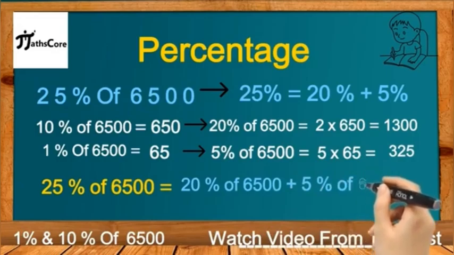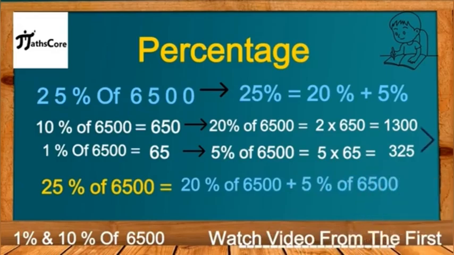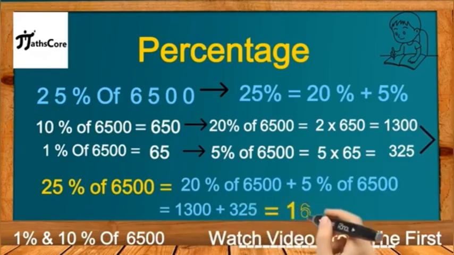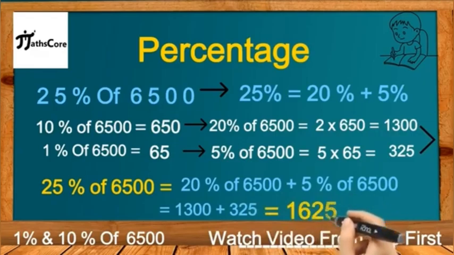So 20% of 6500 is equal to 1300 and 5% of 6500 is equal to 325. 1300 plus 325 is equal to 1625, which is 25% of 6500.